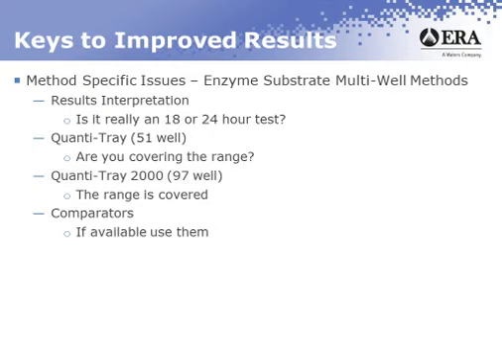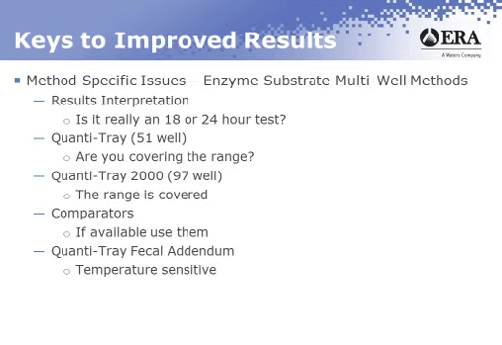You should use them if they're available. If you don't have them available, what I would recommend is that you use a quality control sample to run along with it, and you use that as a point of reference as to what constitutes the chromogenic or fluorogenic change.